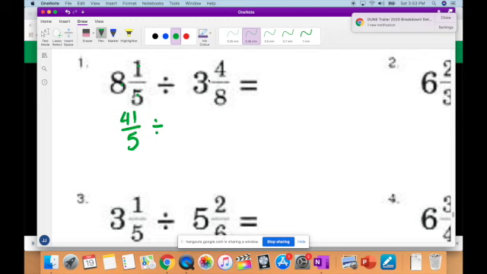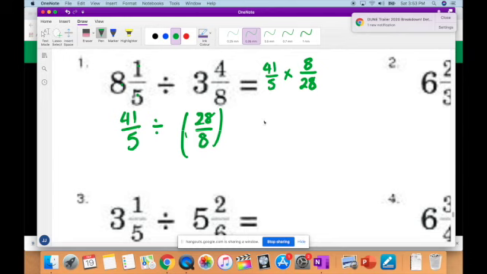Where's 8 threes? 24, and 4 is 28 over 8. So once you convert to improper, then you invert this one and multiply. So now we have 41 over 5 multiplied by, and you invert it, so you get 8 over 28.